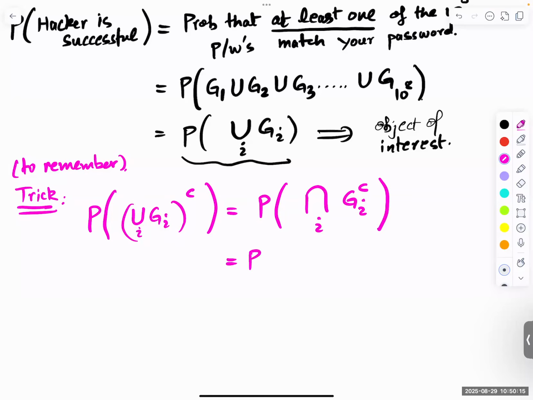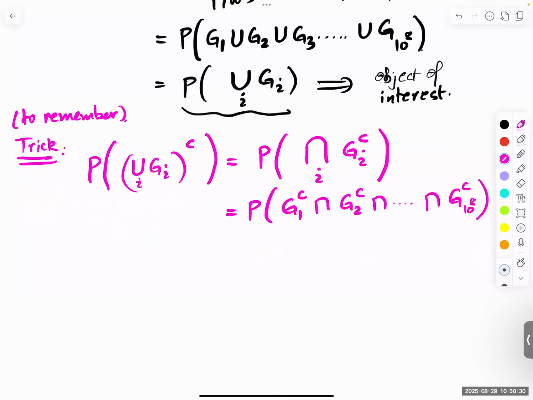So let's break this down. So this is G1 complement intersection G2 complement intersection G3 complement all the way till G sub 10 raised to power 8 complement. Now let's think about what are these guys. G1 complement is some event which is the opposite of G1. G2 complement is the opposite of G2, and so on and so forth.